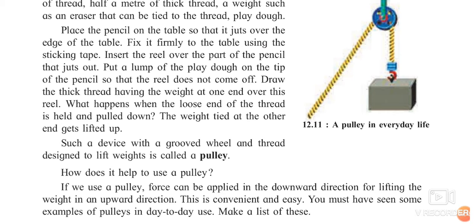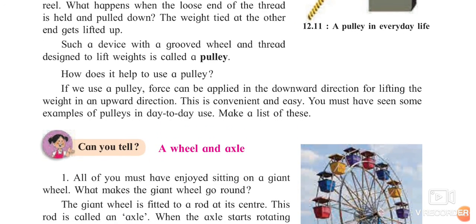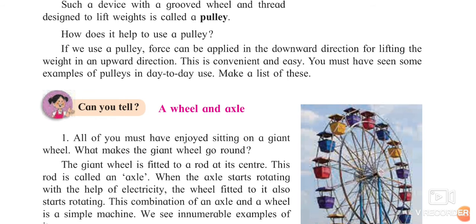The next part is the wheel and axle. You can see your bicycle, the wheel part, and the tire which is attached to the wheel. It also has spokes. For wheel and axle, you have seen the giant wheel in the fair, where a rod is fitted at the center. The rod helps the movement very easily.